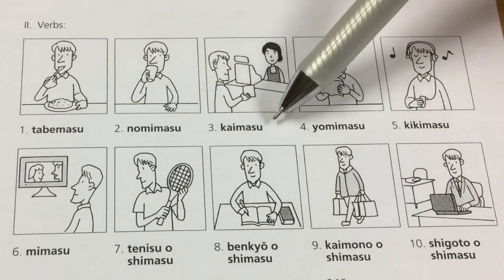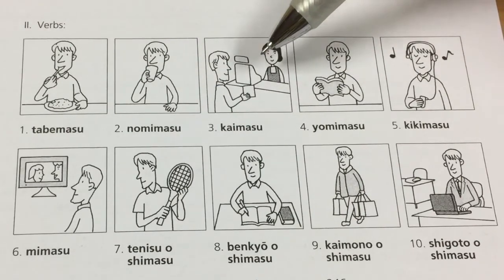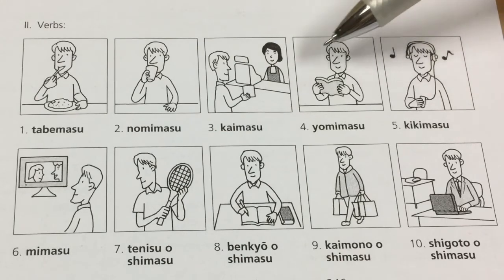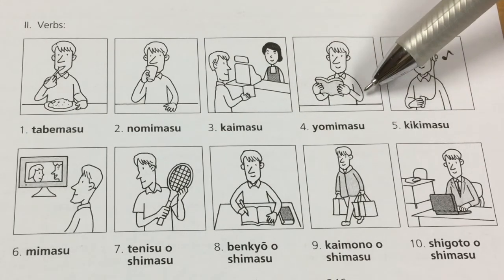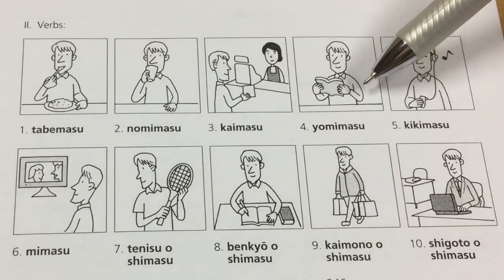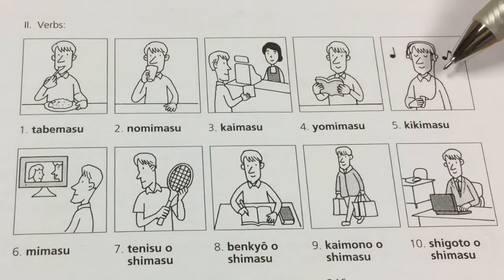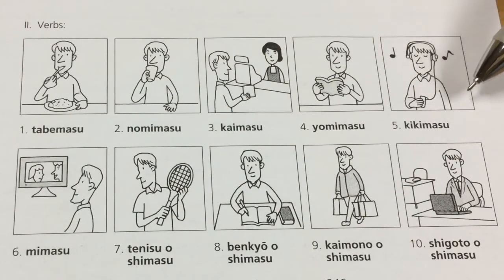Kaimasu, to purchase or to buy something. Yomimasu, to read. For example, hon o yomimasu. I'm reading a book. Shimbun o yomimasu. I'm reading a newspaper. Kikimasu, listen.